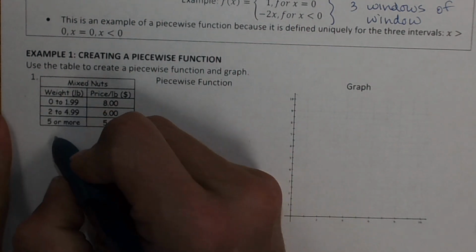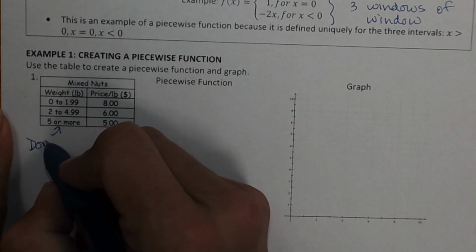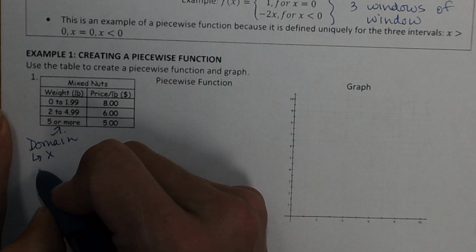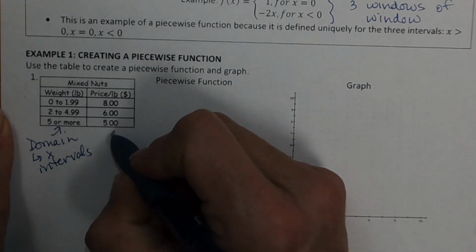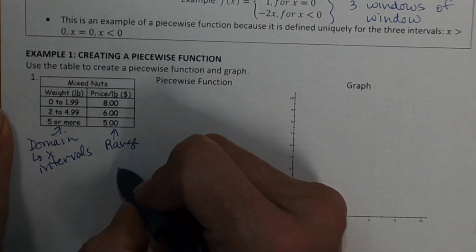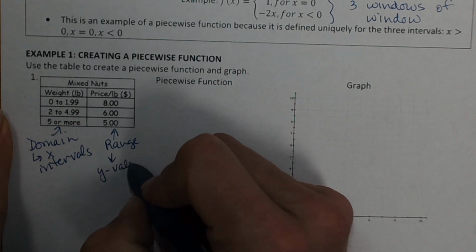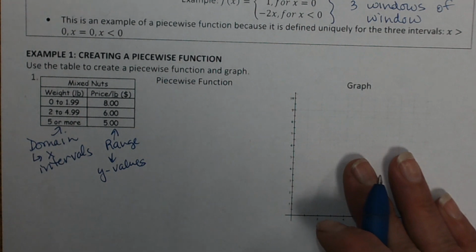So this right here is our domain. These are the values of the x's, so these are going to be our x intervals. And then these are the range or the values of y. Sometimes, like in this case, these are the y values because they're not exactly equations. It's just a number.